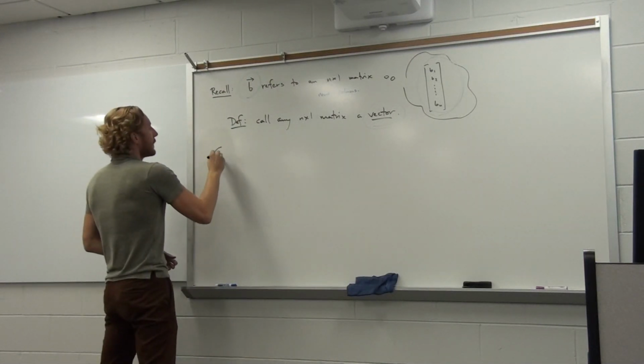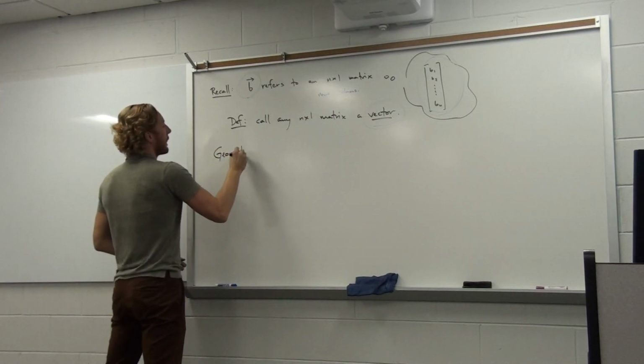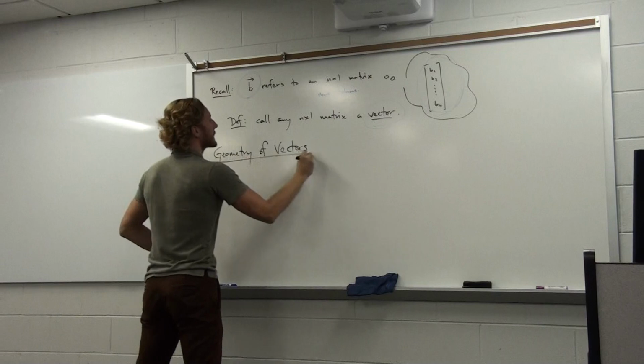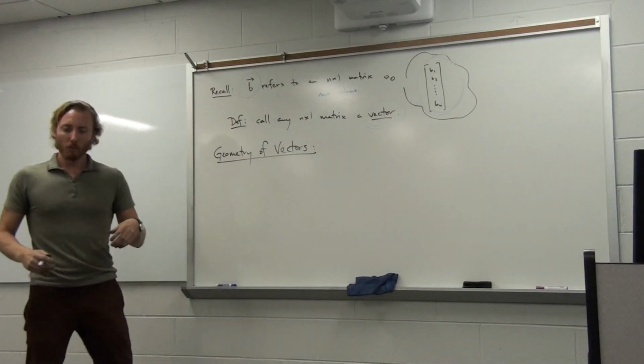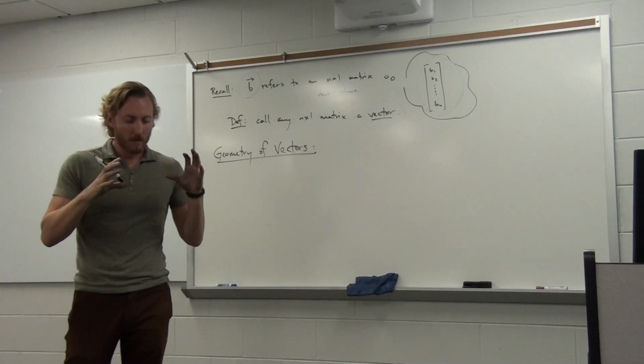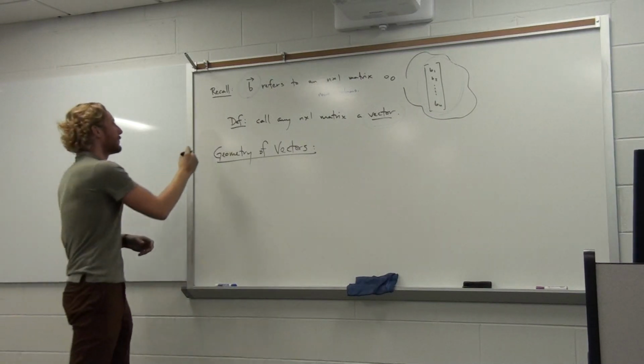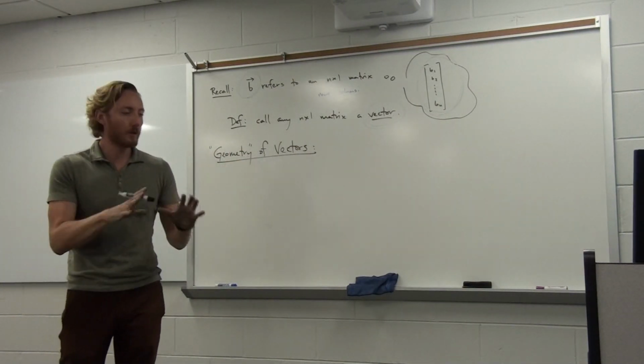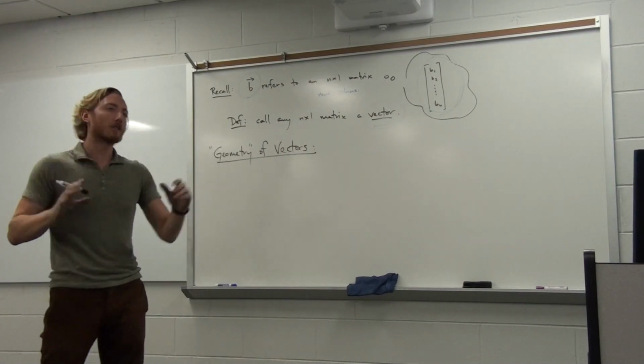of vectors. Now, when I say geometry, there's going to be a certain point where geometry becomes geometry in quotes, because at some point you can't visualize beyond a certain number of dimensions.